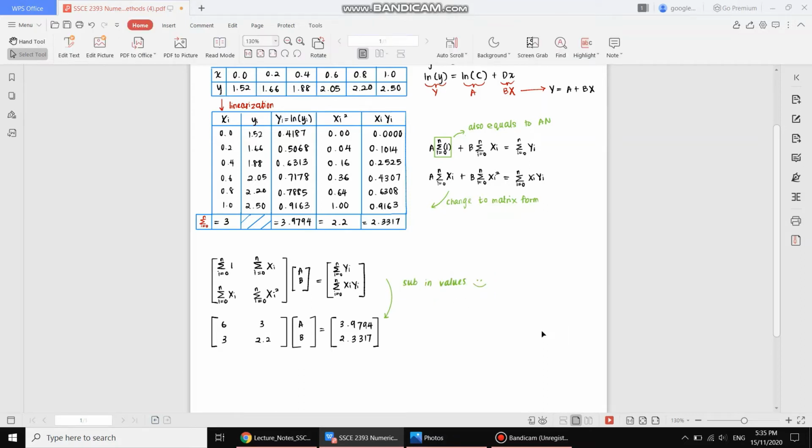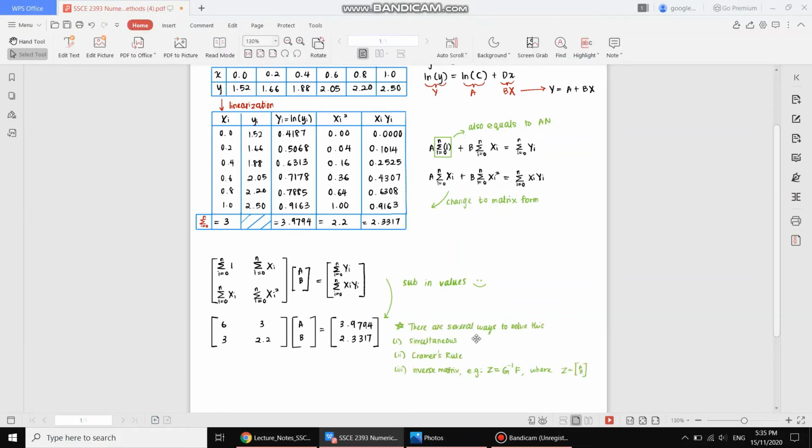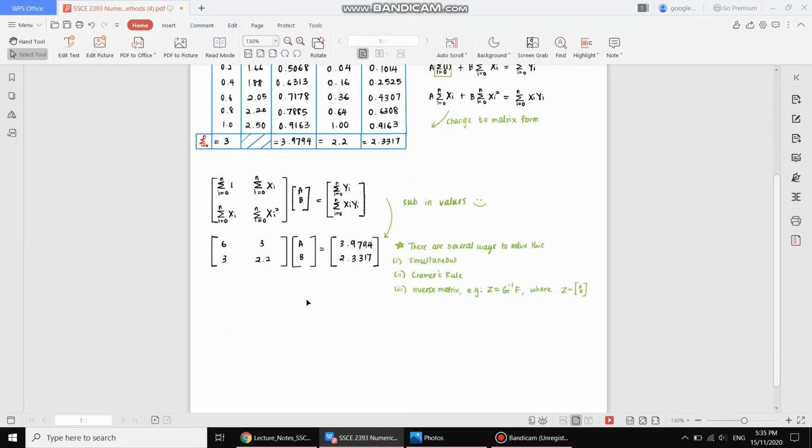Just by substituting the values, now we have 3 ways to solve the equation. We have the simultaneous method, Cramer's rule, and the inverse matrix. Because this is just 2 equations, we just use the simultaneous method, which is an easier way to solve it.